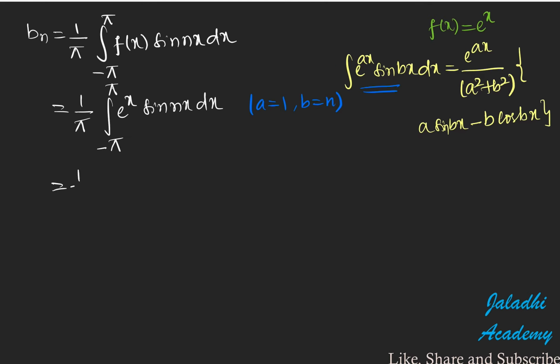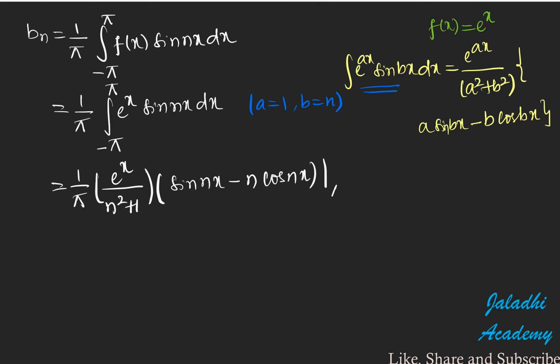So it will become 1 by pi e^x by, we can write a^2 + b^2 as n^2 + 1, into a sin bx, that is a is 1 into sin nx, minus b cos bx, n is the b, so n times cos nx, limits run from minus pi to plus pi.